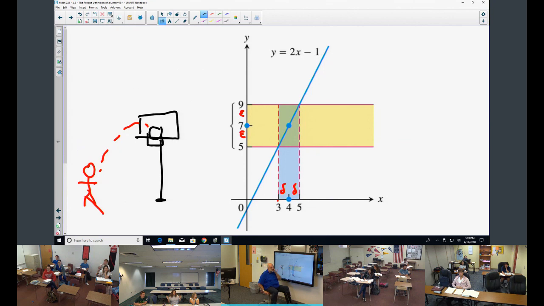But the problem is that that's the only shot that you practice all the time. So if you go off your spot on the free throw line very much, then you're going to miss. So it's like delta is how far off you can be from your spot in order to still make the basket, to still be within the epsilon. Okay? All right.